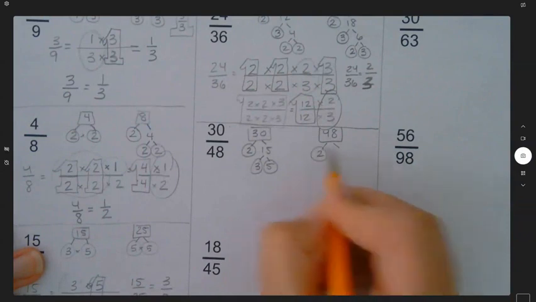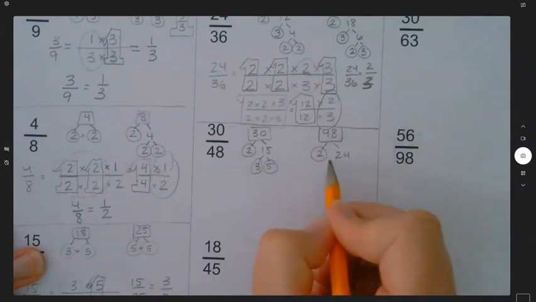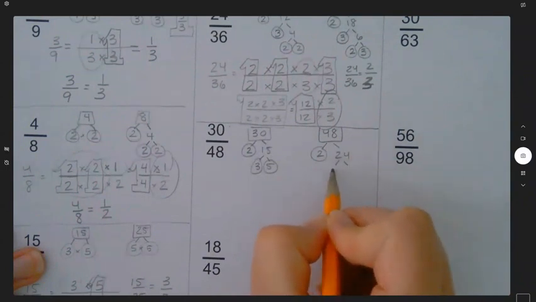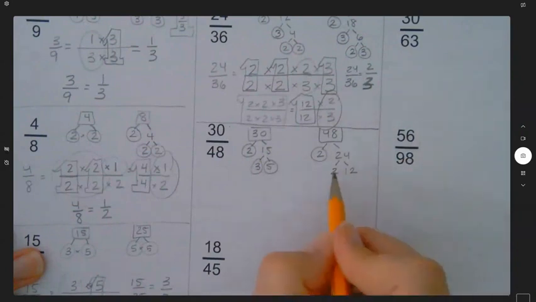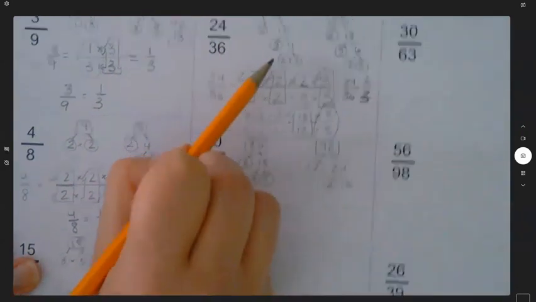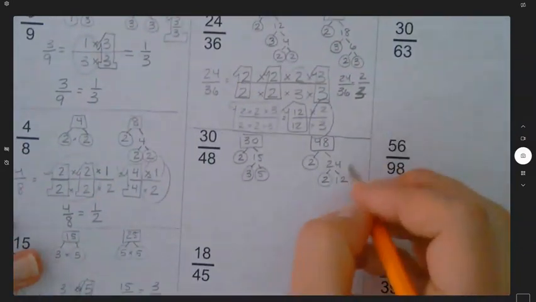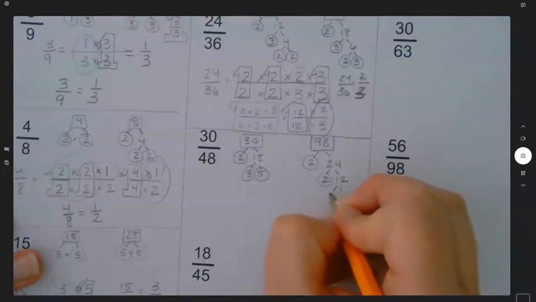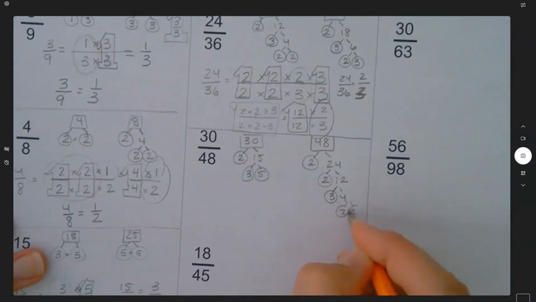Since it's even, I'm going to start with 2. 2 times 24 is 48. 2 times 12 is 48. And the fun thing is I already have my tree up here, so I can double check as I'm going through that I have everything. 3 and 4. 3 is prime, and then 2 and 2.